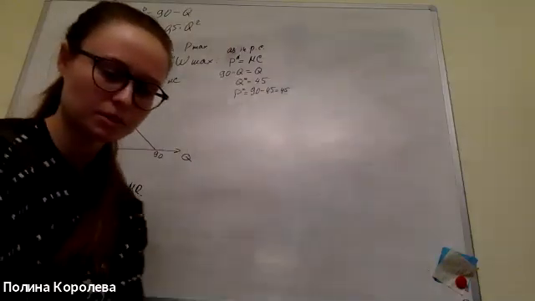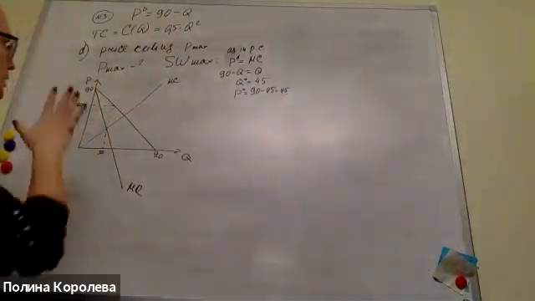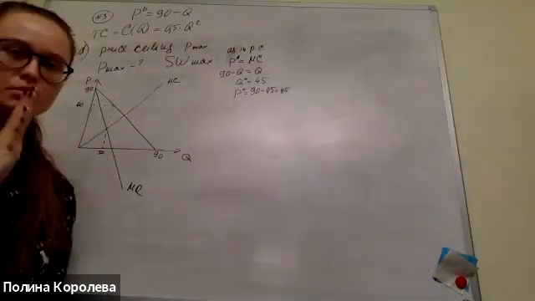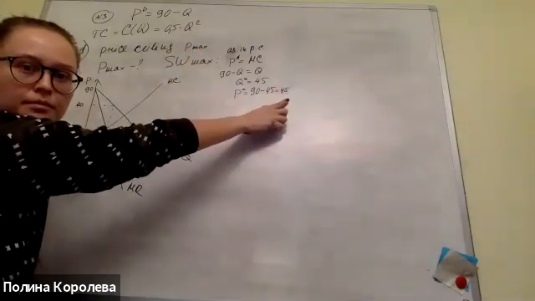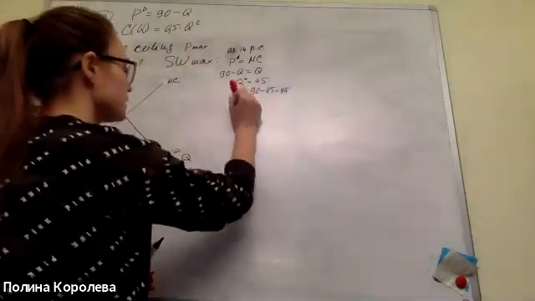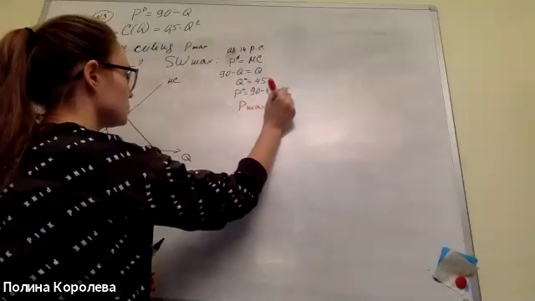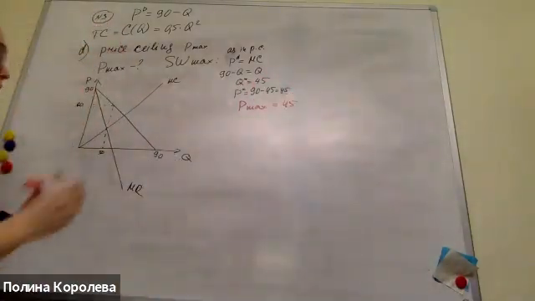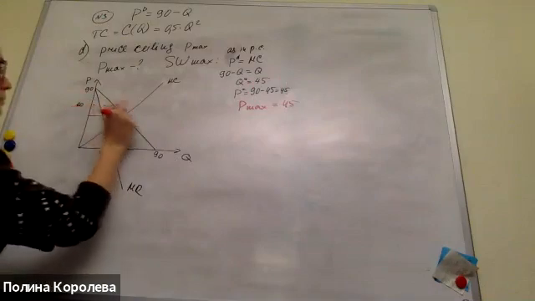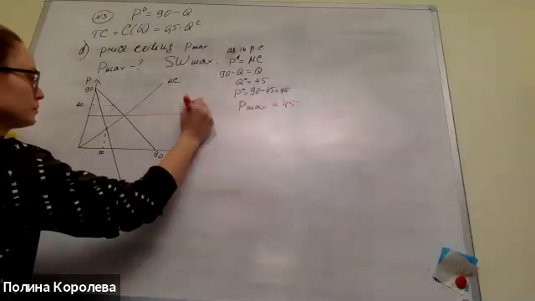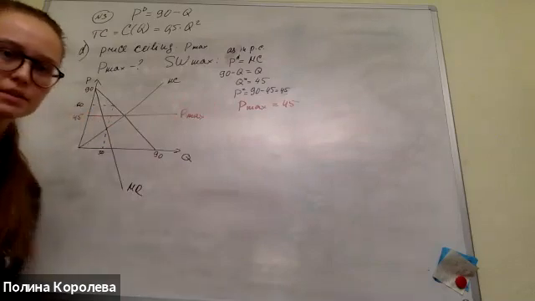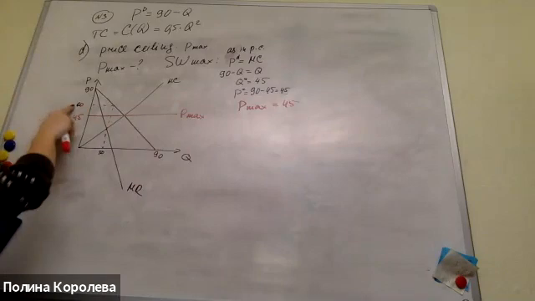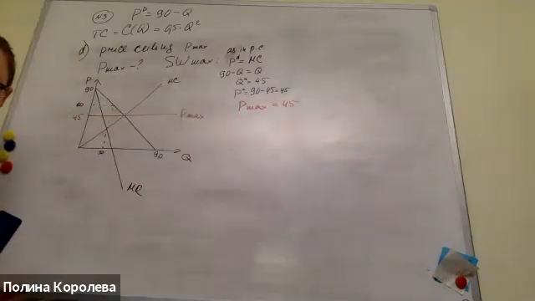But if the government tells us that you cannot set the price higher than this maximal price equal to 45, this price ceiling will be 45. So our monopolist cannot set the price 60 right now. He can set the maximal price 45. So he will do it.